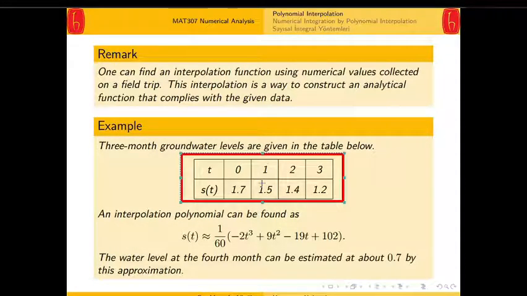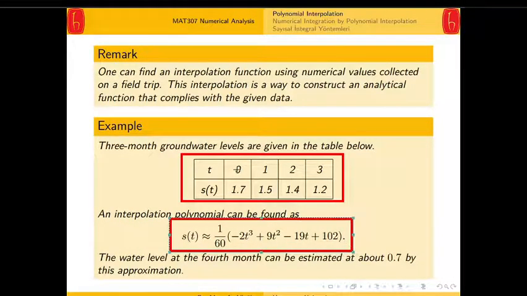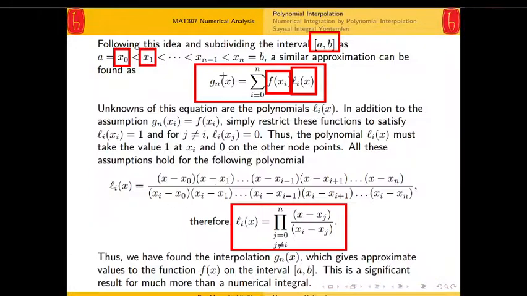So this is the table. We are given these groundwater levels at given times, and we can use an interpolation polynomial to approximate the data values here. So we basically use this idea.